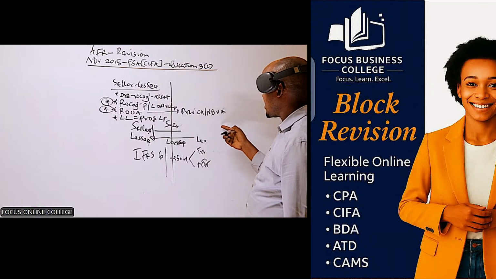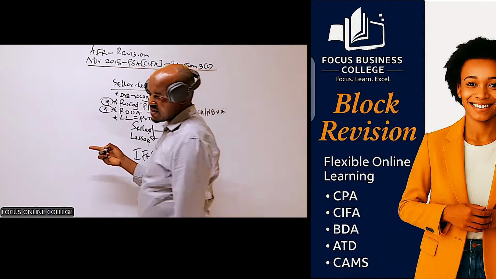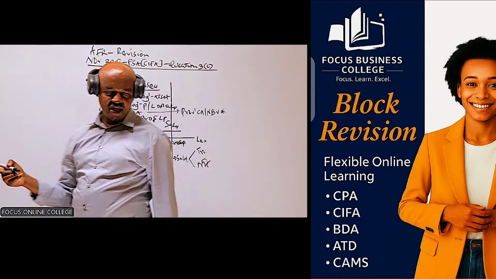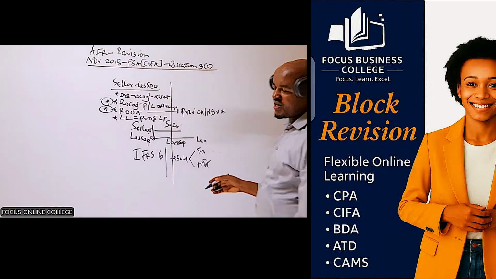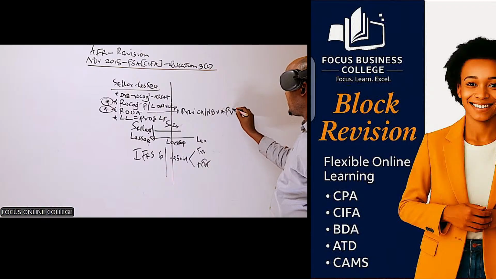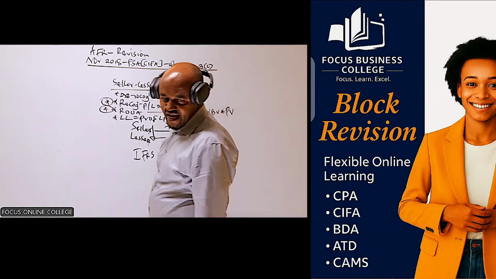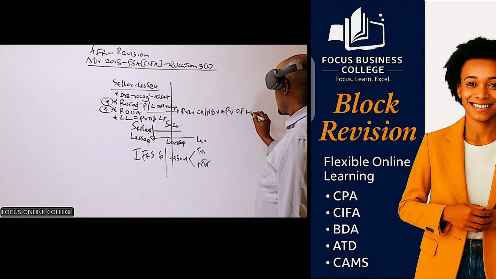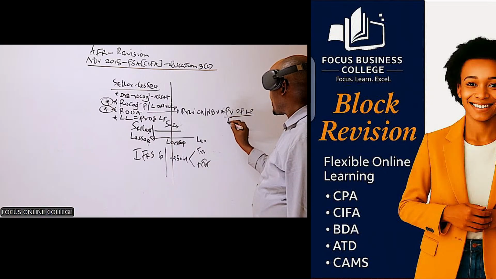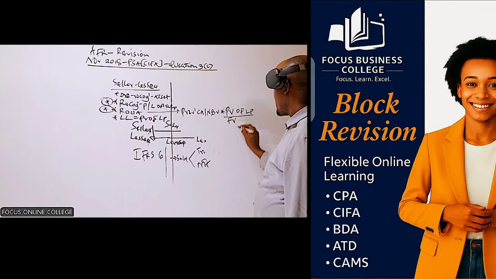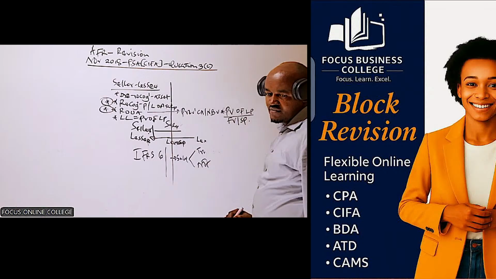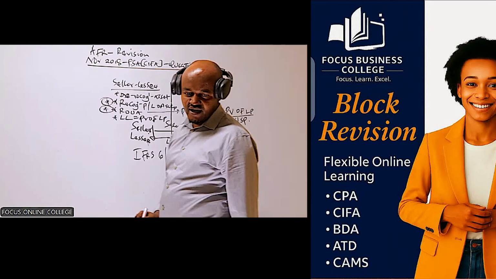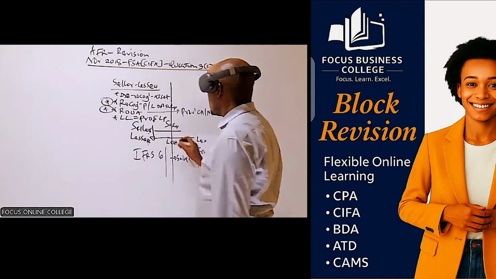Who can remember this? Gilbert. Yes, times the present value of the lease payments all over the fair value of the asset. The fair value of the asset, we said, is the same as the sales proceeds.